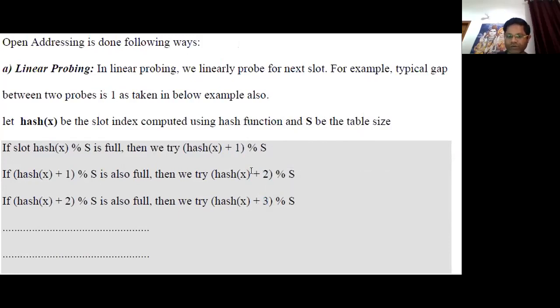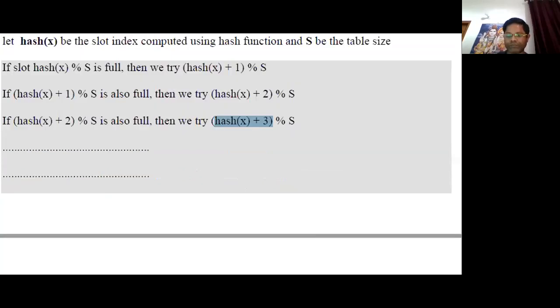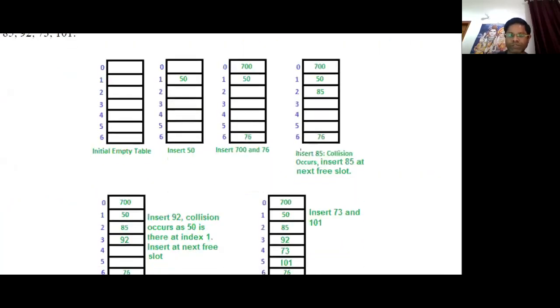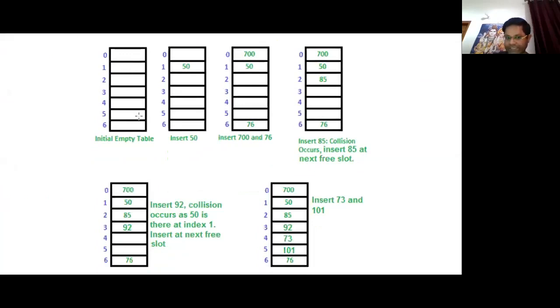If this is also full, then we keep on searching the next slot, that is hash function plus 3. It means the next adjacent position. We apply this on this example using the key values, showing with the help of the hash table and inserting the values one by one.